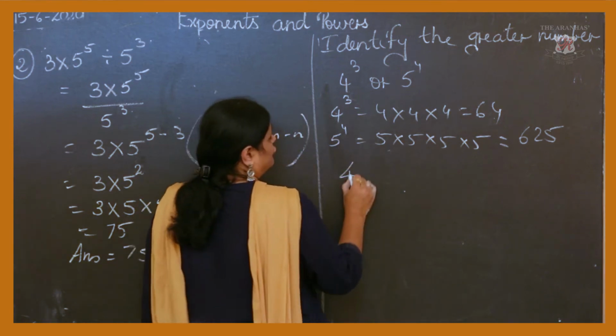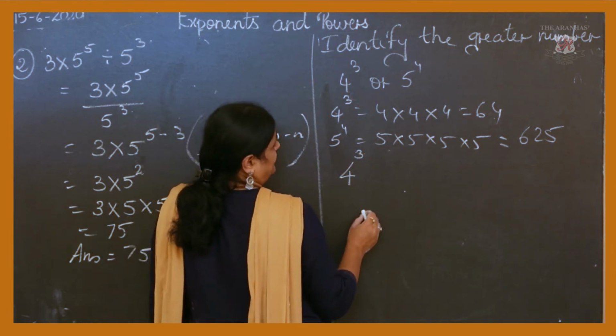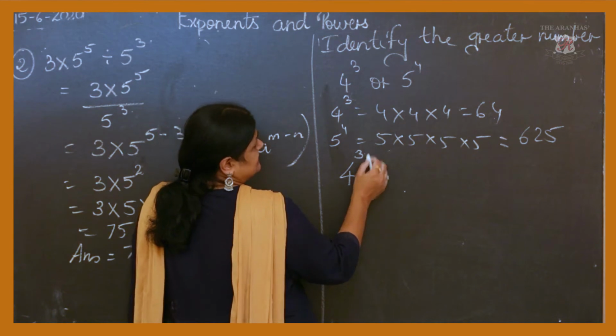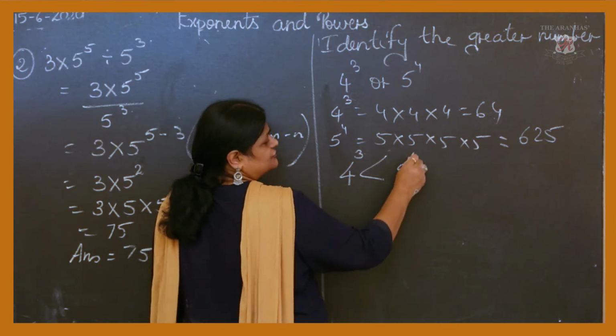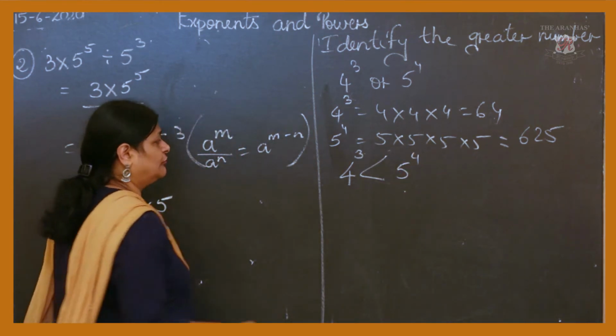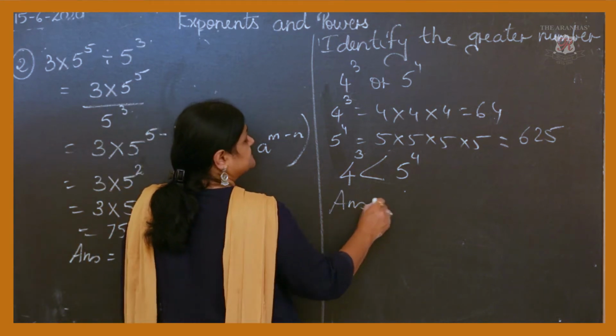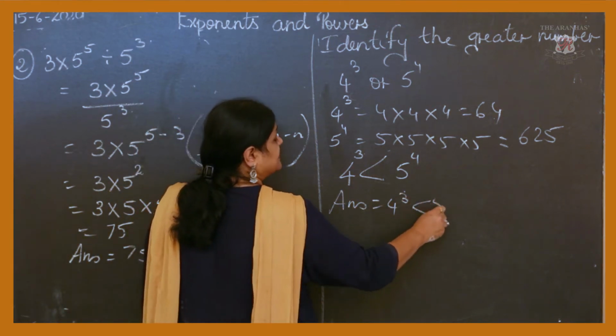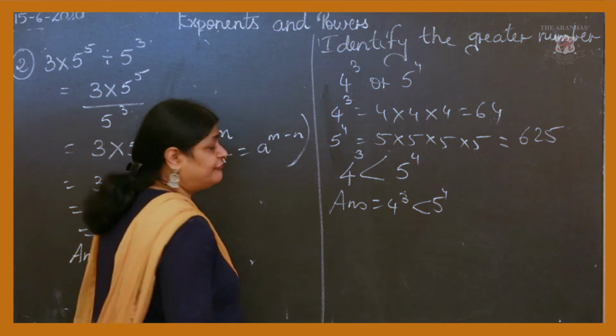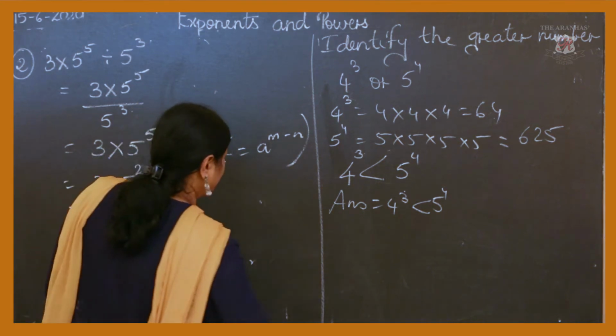So here 4 to the power of 3 is less than 5 to the power of 4. This will be your answer: 4 to the power of 3 is less than 5 to the power of 4.